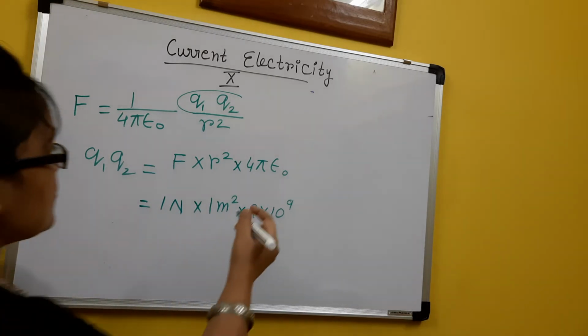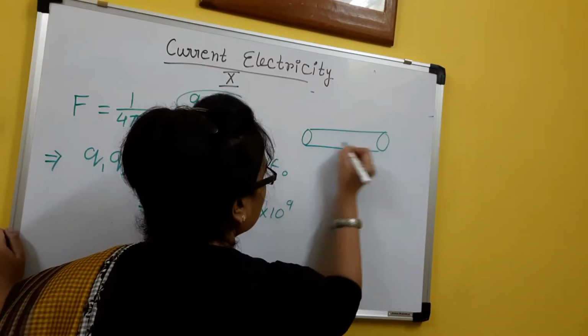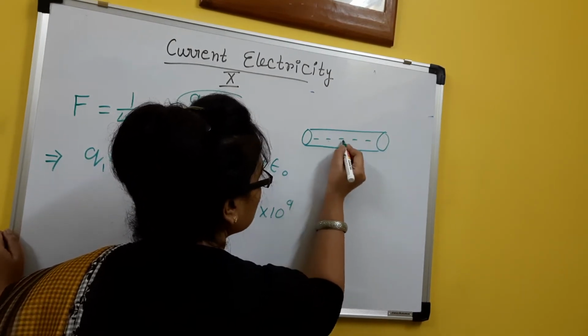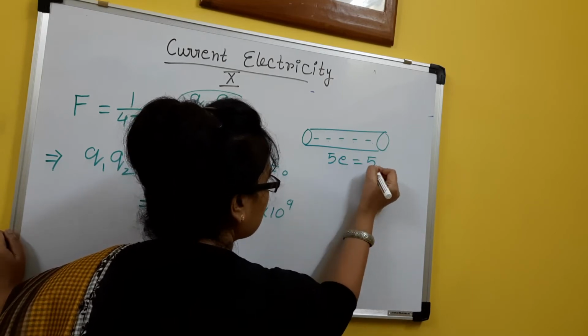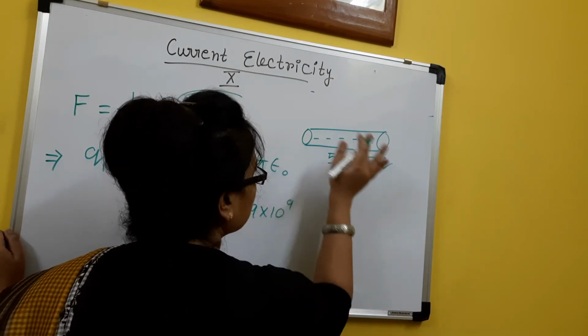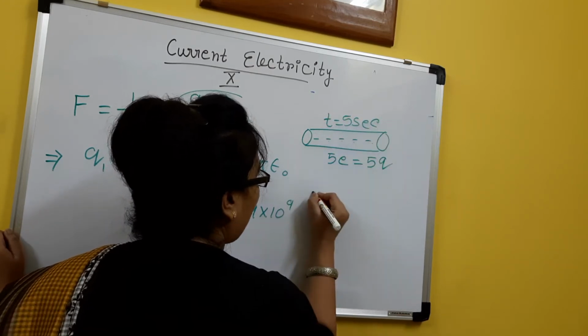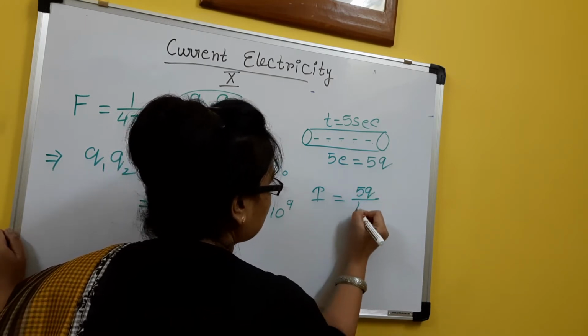Means if you have a conductor, electrons are flowing through it. Say 1 2 3 4 5 electrons are flowing, so this is 5q charge flowing. Suppose the time taken t equals 5 seconds. So current I will be equal to 5q by t.